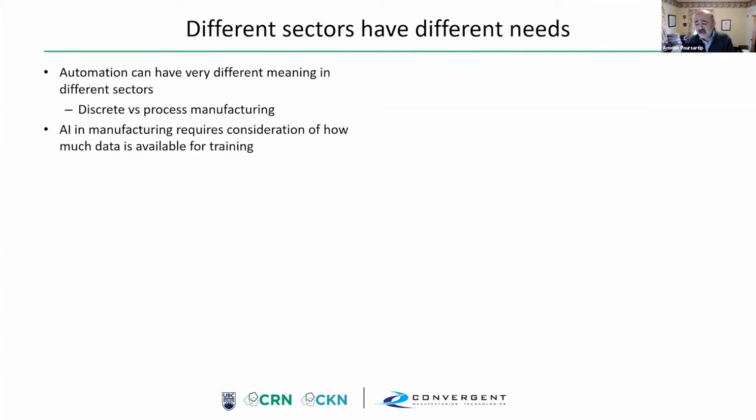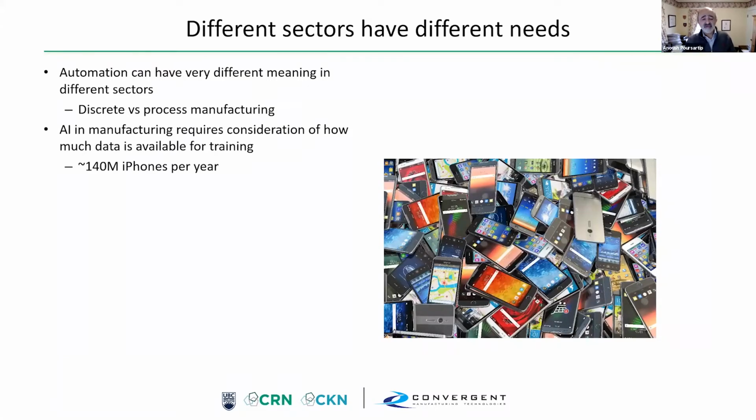If you want to think about just bringing classic AI to bear on the problem, you really have to think about how much data you have available for training. So looking at three markets with roughly the same commercial value, if you look at Apple, 140 million iPhones a year. If you want 1 million data points to train your algorithms, that's about 2 days production.